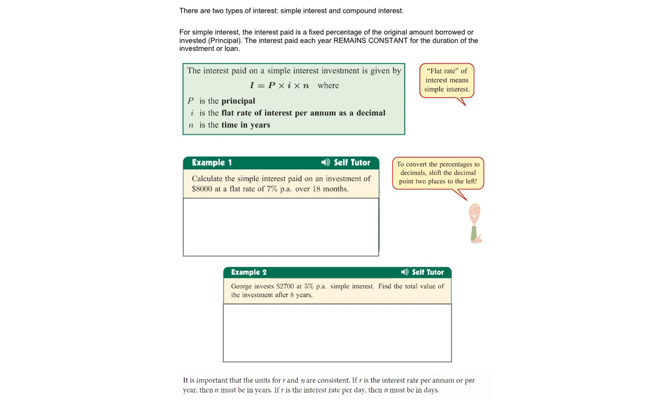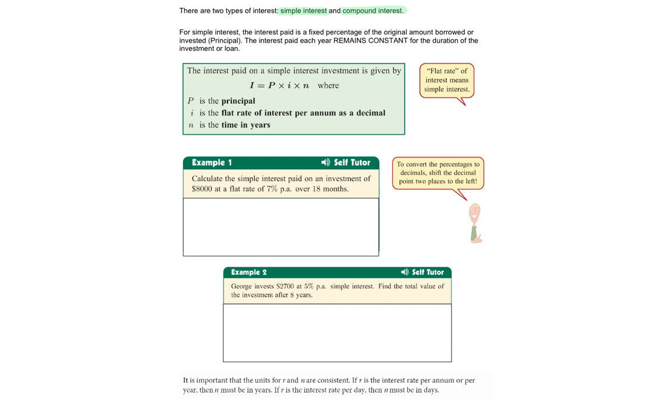So let's talk about simple interest. There are two types of interest: simple interest and compound interest. For simple interest, the interest paid is a fixed percentage of the original amount borrowed. So the interest paid remains constant for the duration of the investment or loan.